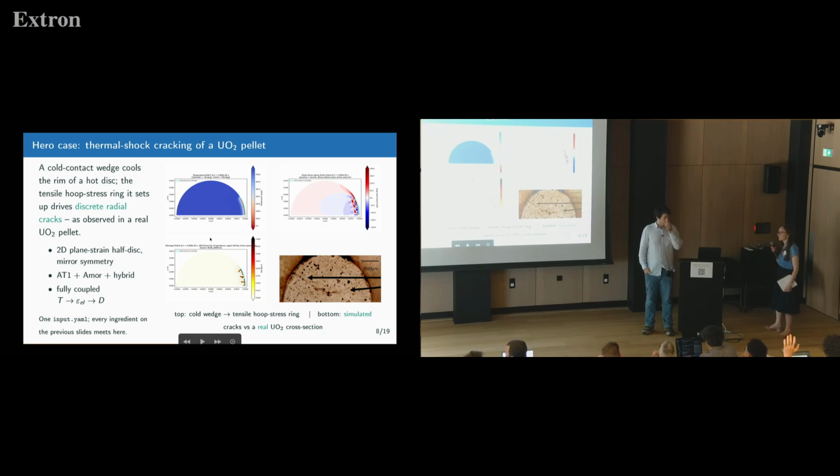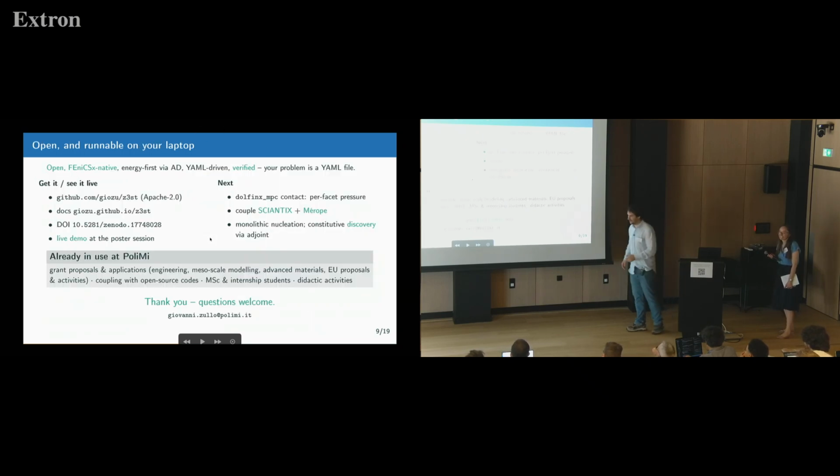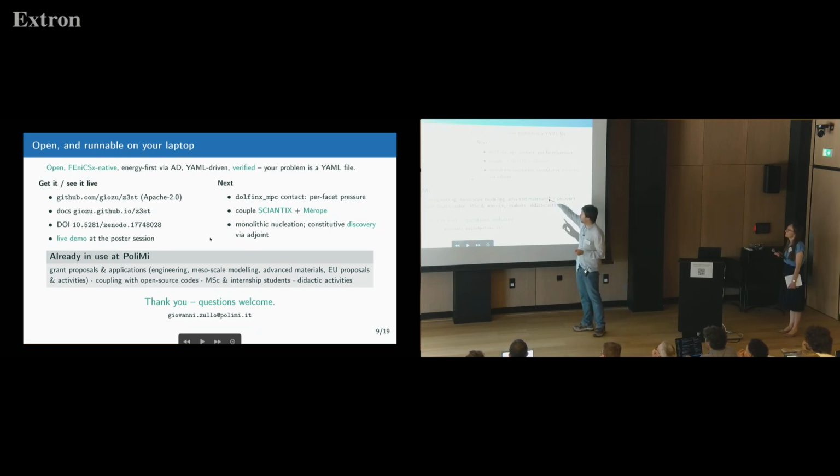We had a question there. Thank you for the talk. Do you plan to account for the potential composition changes due to fission products? That is very nice because I did my PhD on that, and at Politecnico di Milano we developed SCIANTIX, which has been developed by my supervisor, a C++ code to study fission gases and their transport.